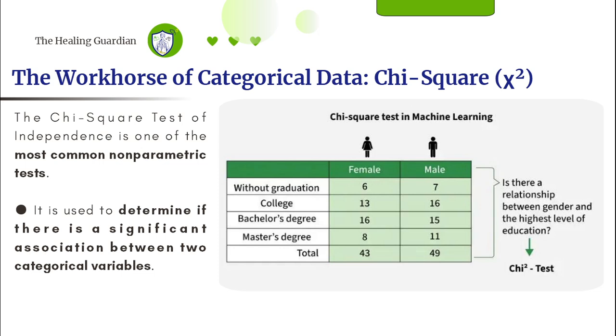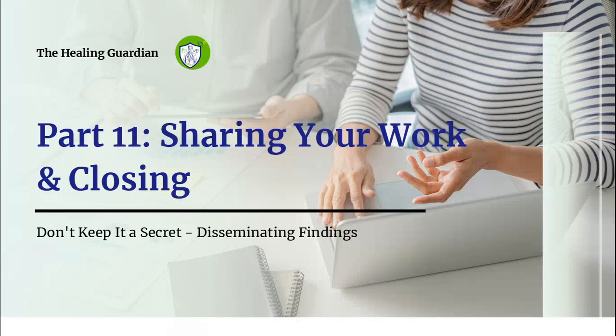Then you get your chi-square. You do the test, you get the p-value. If it is less, you say there is a significant relationship. If not, you fail to reject the null hypothesis. So the type of data, it all starts from the research question to define all the rest.